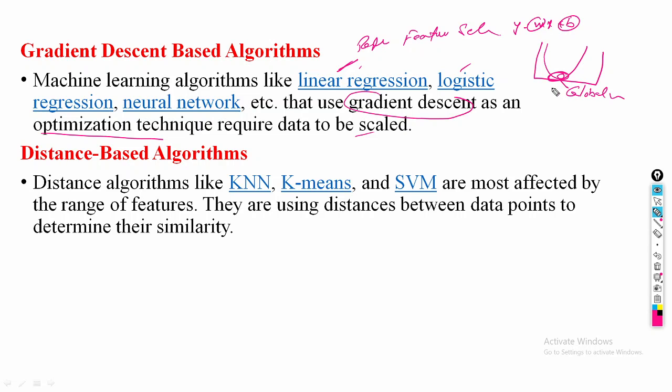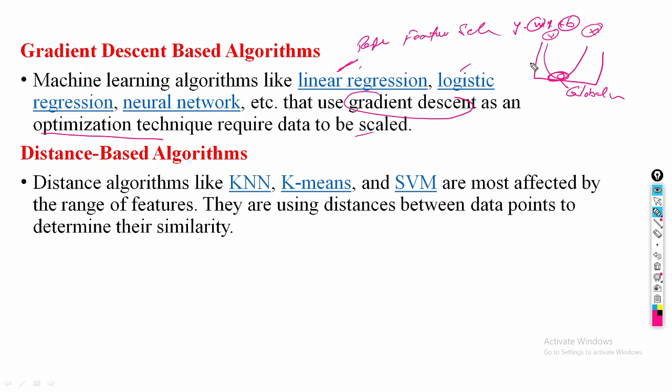Suppose you do not apply feature scaling, then the coefficient values may be far away from the global minimum. At that moment, a model like linear regression will take time to find the optimal parameters, meaning the m and b values.